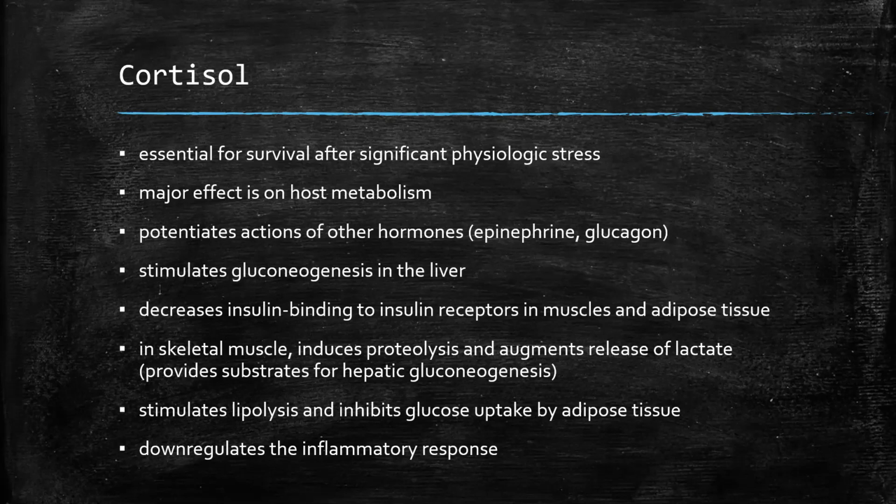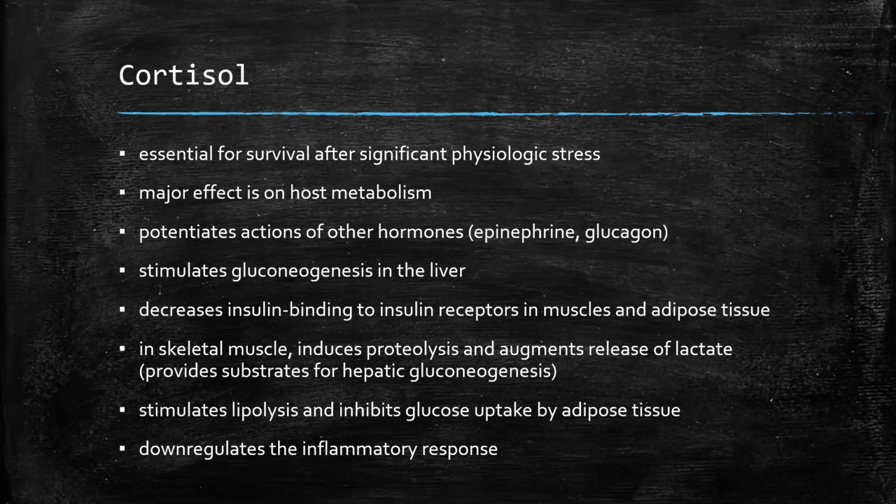But cortisol has a strong effect on skeletal muscle. And it causes protein breakdown of skeletal muscle, releasing amino acids. And many of these amino acids can be used as glucose precursors. Alanine is probably the most important of those, but there's a variety that can be used in that way.